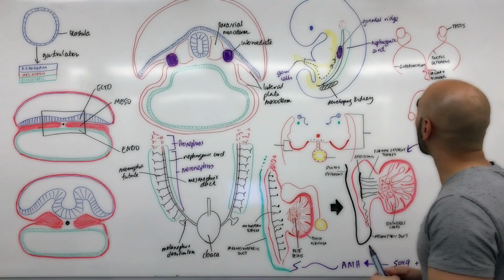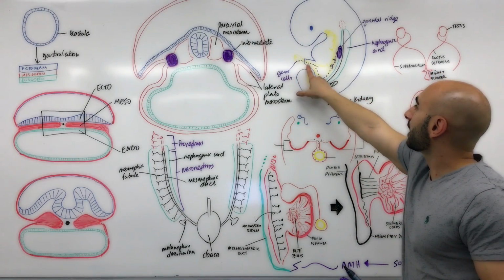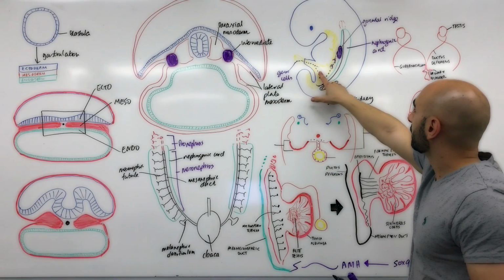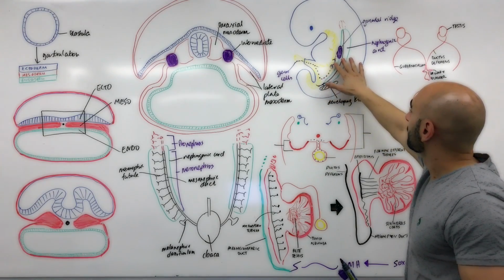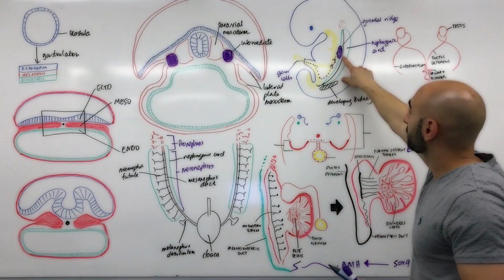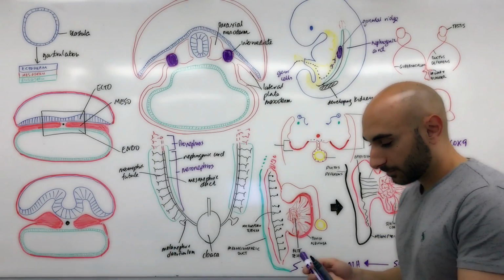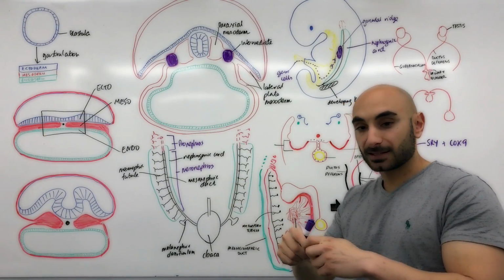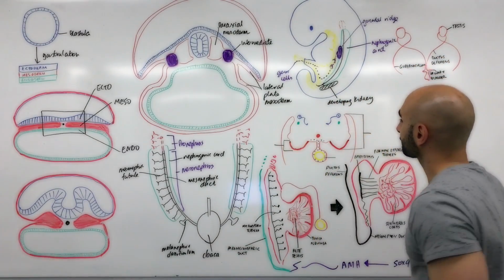So moving on, the germ cells follow down through the hindgut into the dorsal mesentery, and then go up to the gonadal ridge at the nephrogenic cord. Okay, to understand this a little bit more, let's have a look at this now.